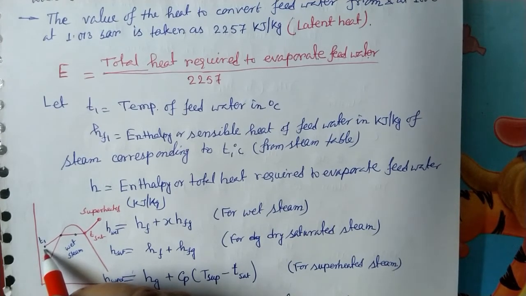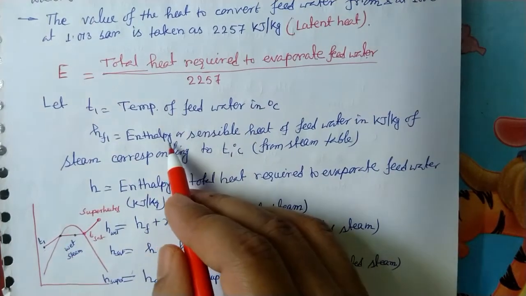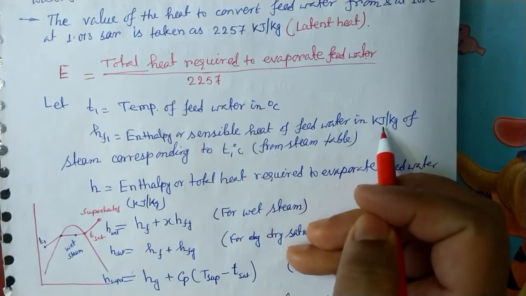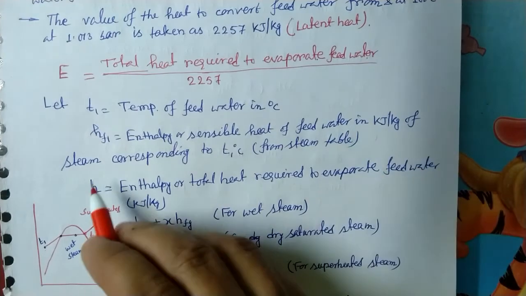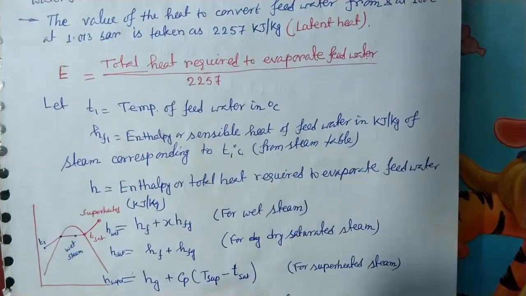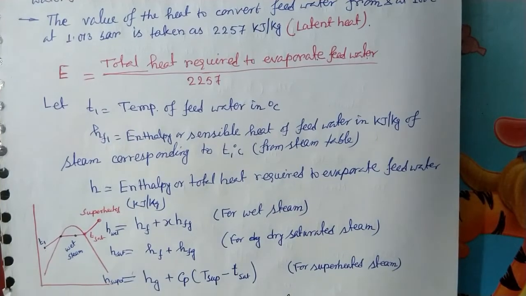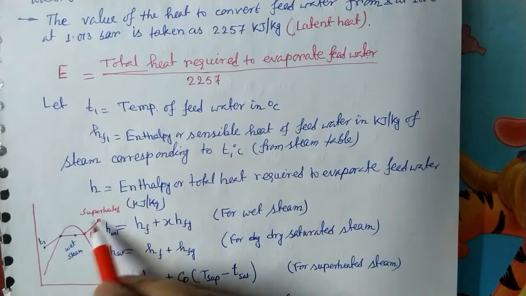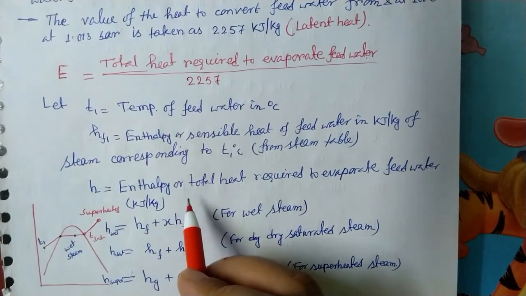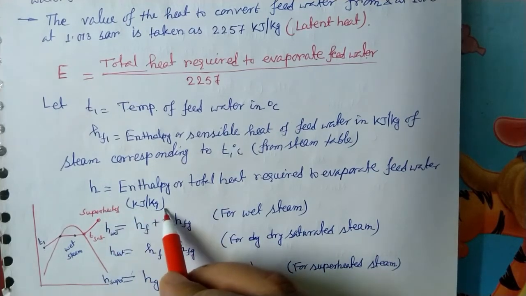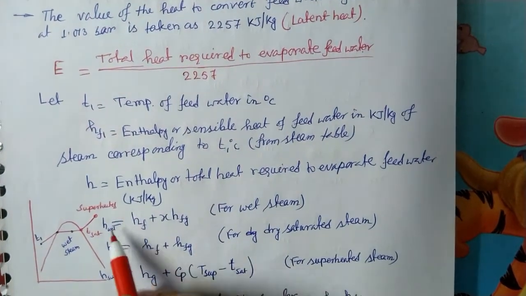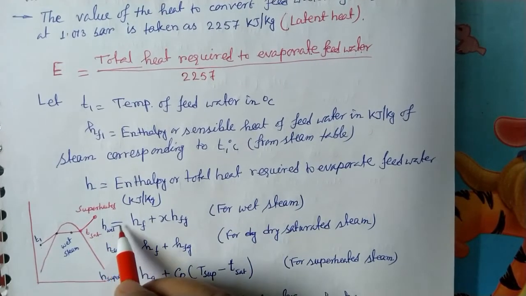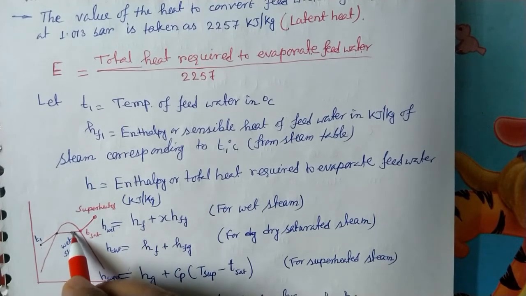Corresponding to this temperature, the enthalpy is hf1, the sensible heat of feed water in kilojoule per kg of steam corresponding to T1. Small h is the enthalpy of the steam, so from this to this is the total heat required, in kilojoule per kg. Now let's see h for wet steam, which I define as h wet. That means your steam is at this point: wet steam.